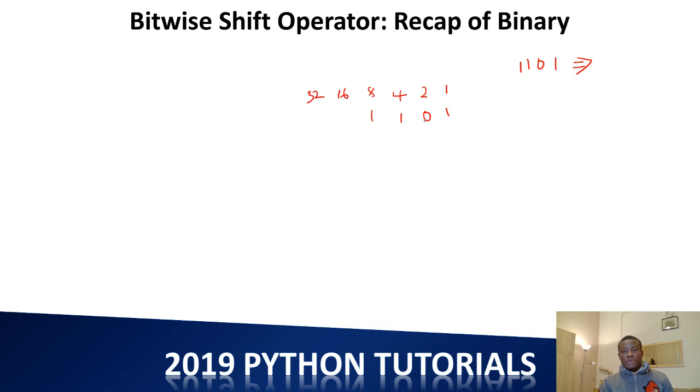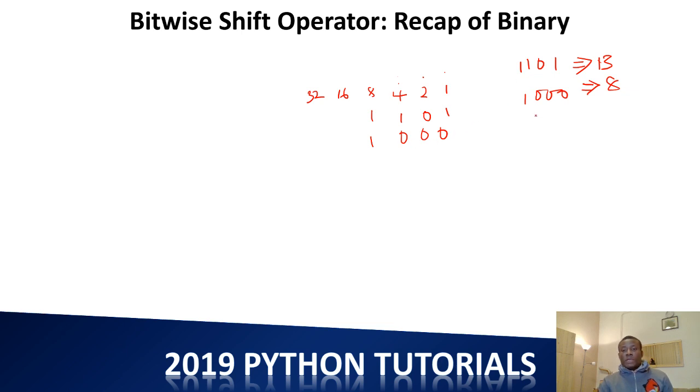In the 2 position we have 0, so we don't add 2, plus 1. So 8 plus 4 is 12, 12 plus 1 is 13. So we have 13, right? Good. If you are given a number like 1000, convert to decimal. You have 8 plus 0 plus 0 plus 0, because we don't have anything in the other positions. And it's going to give us 8.